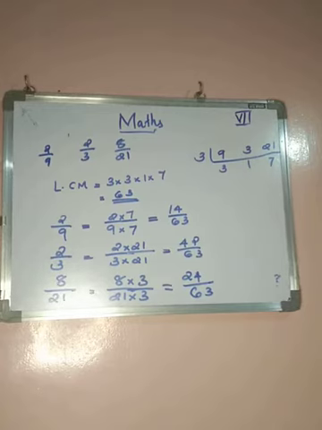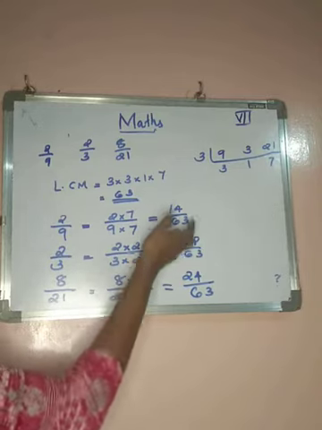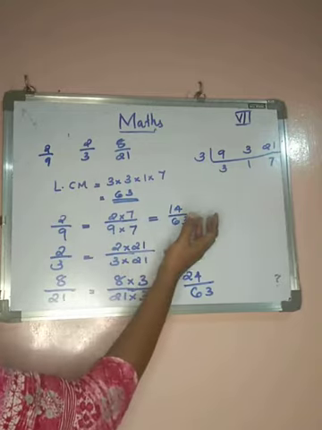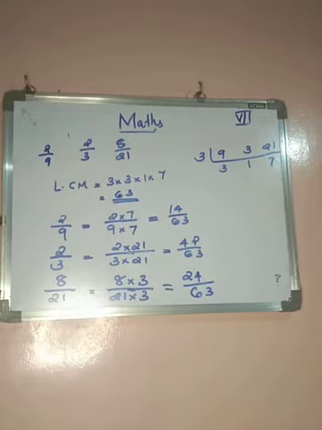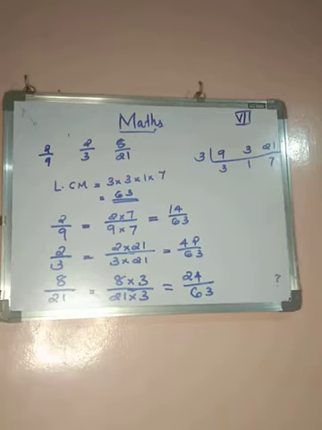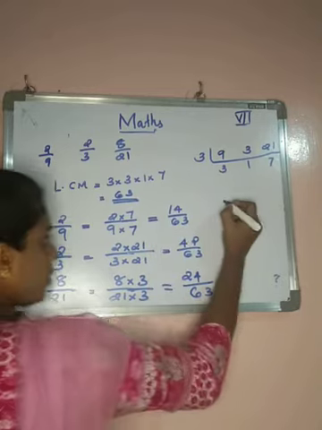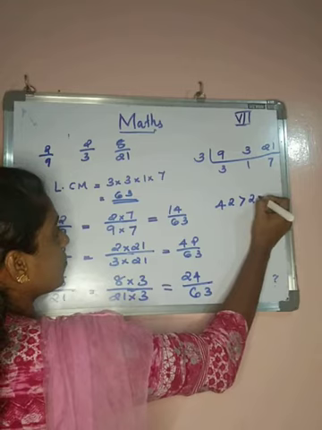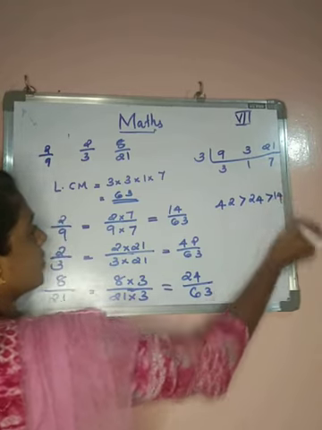So then, finding the descending order, which one is greater? First we check that the denominators are the same. Then we arrange the numerators in descending order. 42 is the biggest number, then 24, then 14.